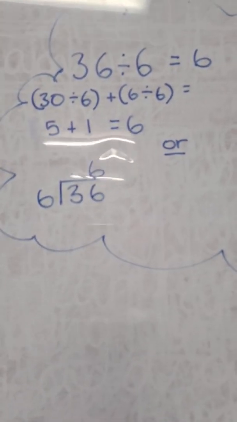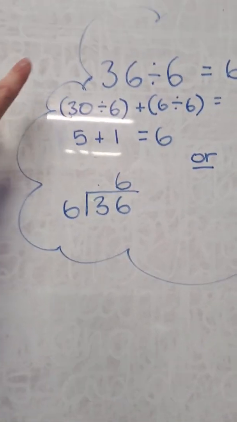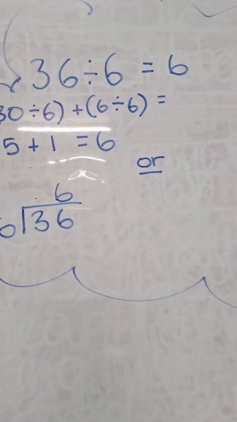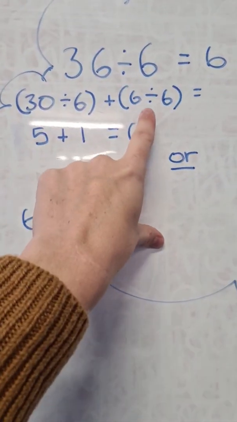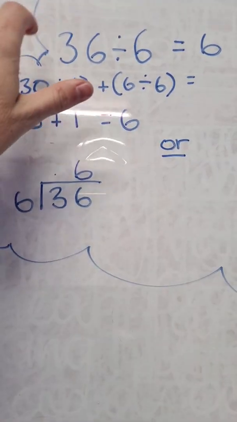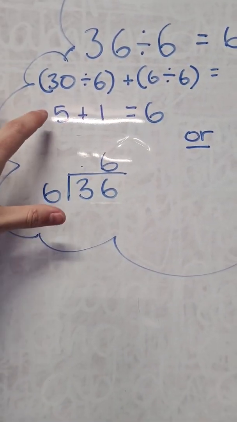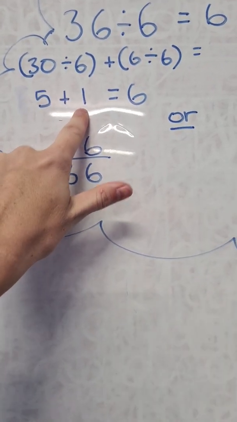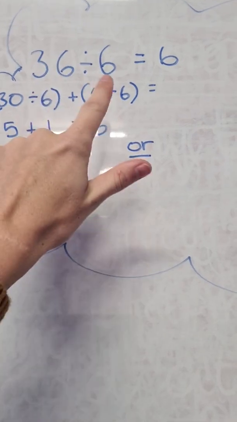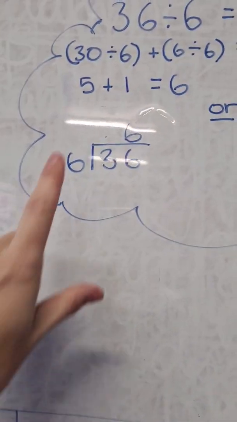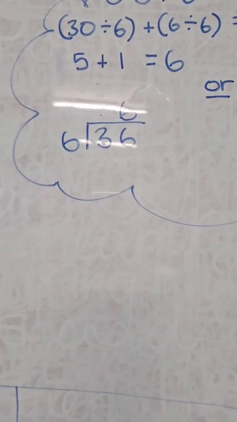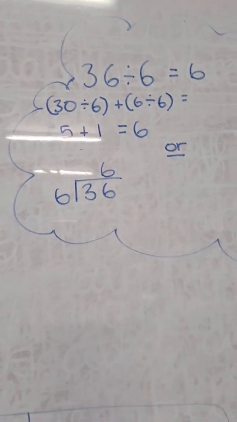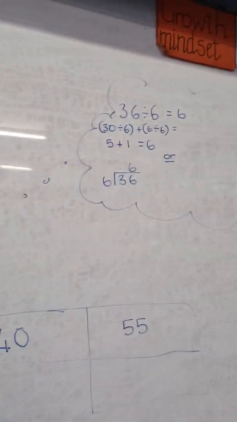You should know all of these, but just in case you don't, remember you can break up the sum into, for example, 30 and 6, and you always make it the 10 and then the units, and you know that 30 divided by 6 is 5, and 6 divided by 6 is 1, so our answer is 6, because 36 divided by 6 is 6, or you could use this method, but it's very simple. You shouldn't need to use that. I just put it in there in case you don't know what any of these answers are.